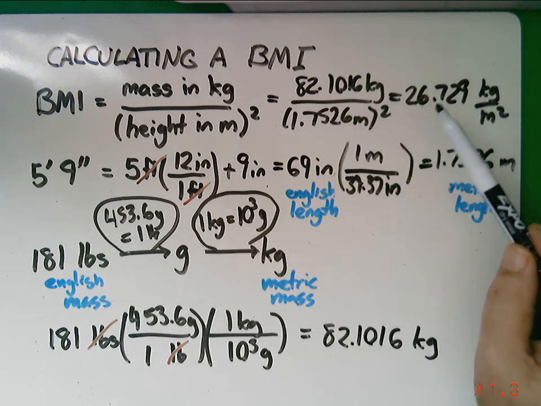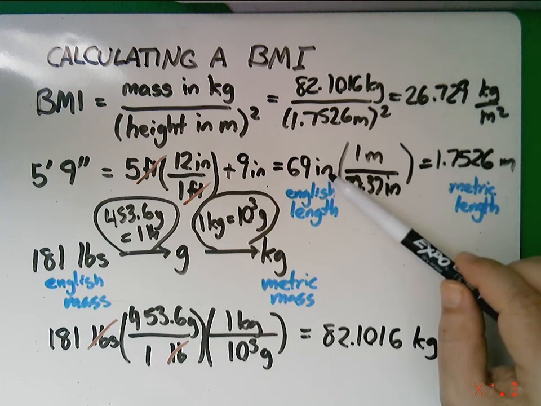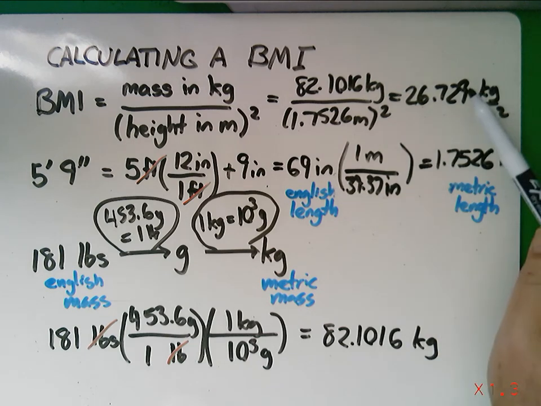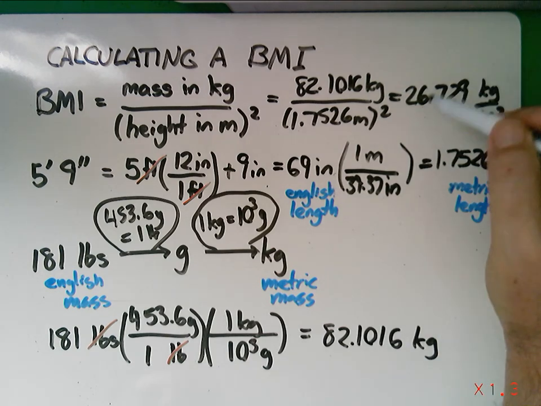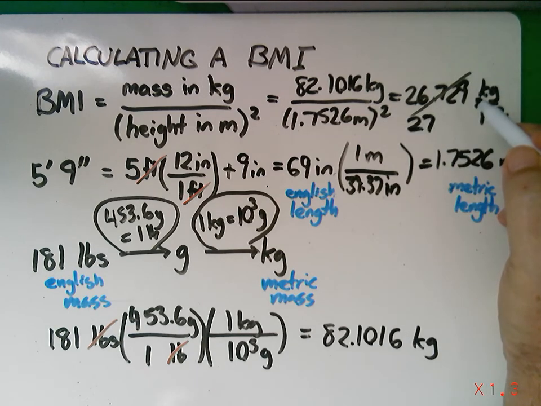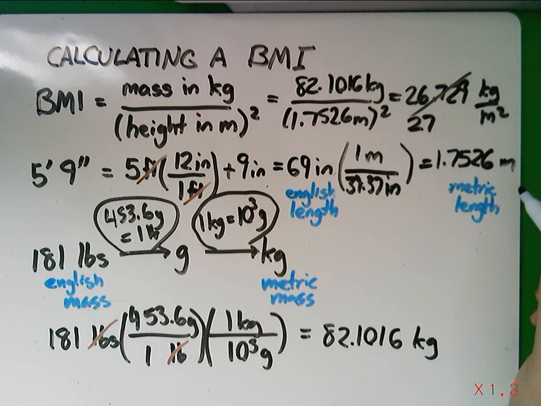If I wanted the BMI out to the nearest tenth, I would have had to measure the height out finer than give or take an inch. So really what I have here is, what, 27? Yeah. 27 kilograms per meter squared is the BMI that I would report.